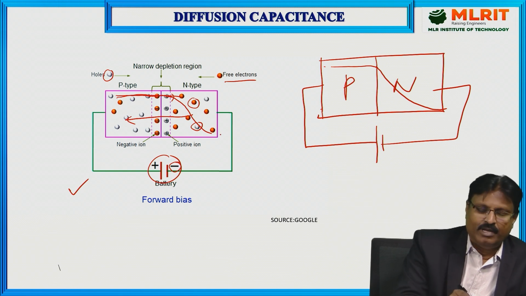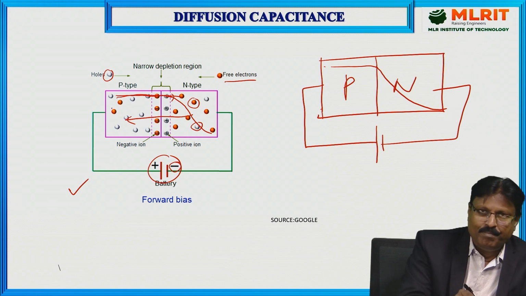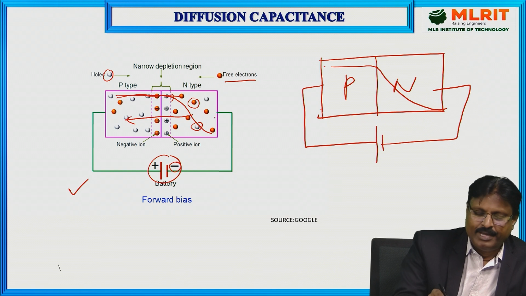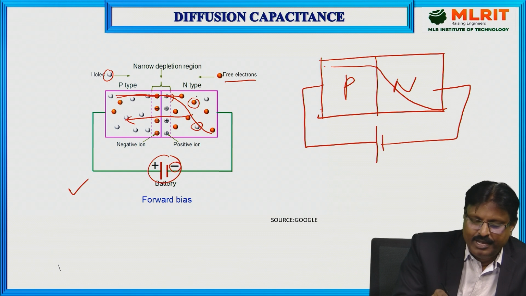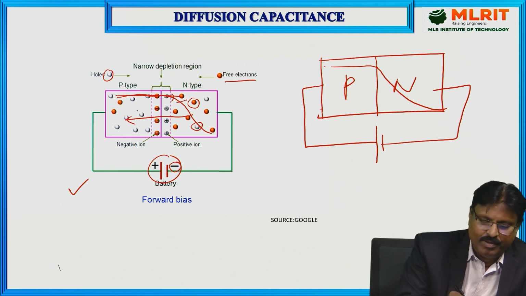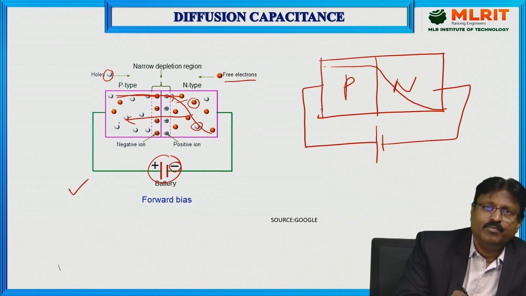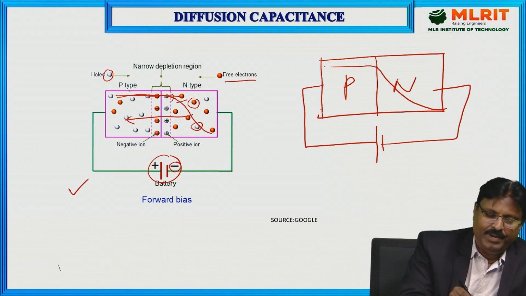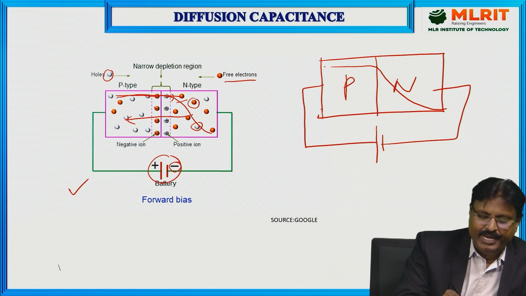The holes will be pushed from P type to N type, and electrons will be pushed from N type to P type. So the electron, which earlier was a majority carrier in the N type, whenever it is moved to the P side, becomes a minority carrier. Why? Because in the P type, the majority carriers are holes. So that's why it becomes an injected minority carrier.